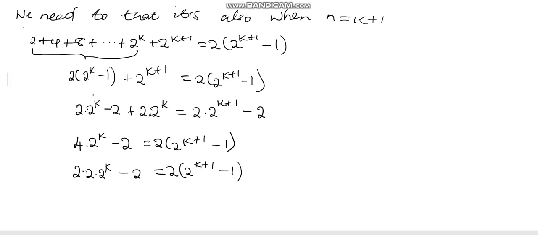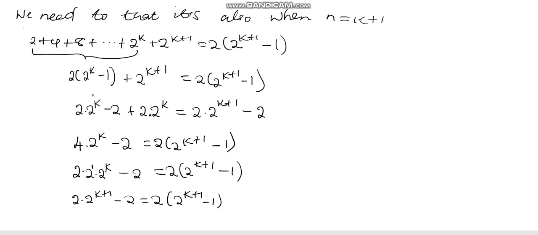So 2 multiplied by 2 to the power k is the same as 2 to the power k plus 1, because the power that we have here is 1, so if the base is the same, we add the powers. So we have 2 multiplied by 2 to the power k plus 1 minus 2 equal to 2 open brackets 2 to the power k plus 1 minus 1.